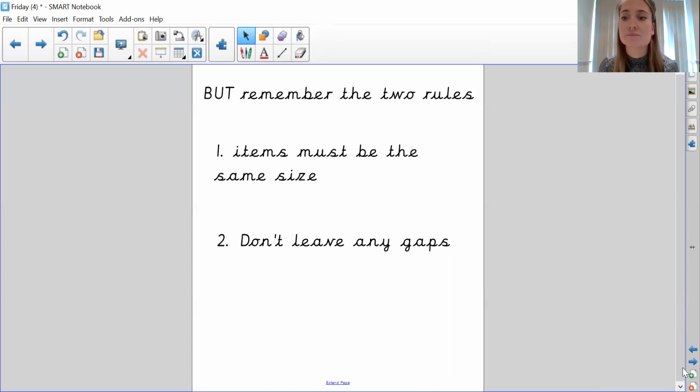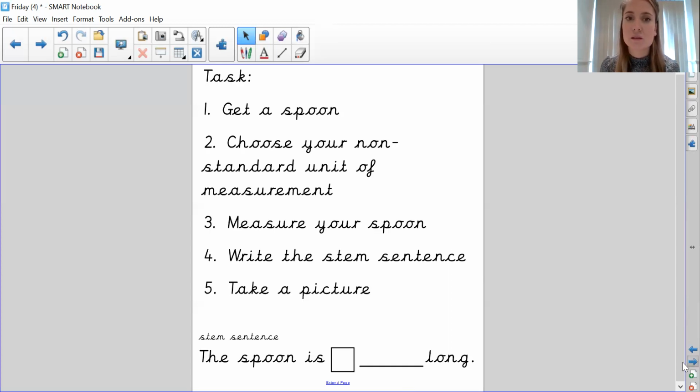Good. So your task is to get a spoon, choose your non-standard unit of measure for your spoon, and write the sentence below. So you say the spoon is blank long, and I'll show you in a minute an example.